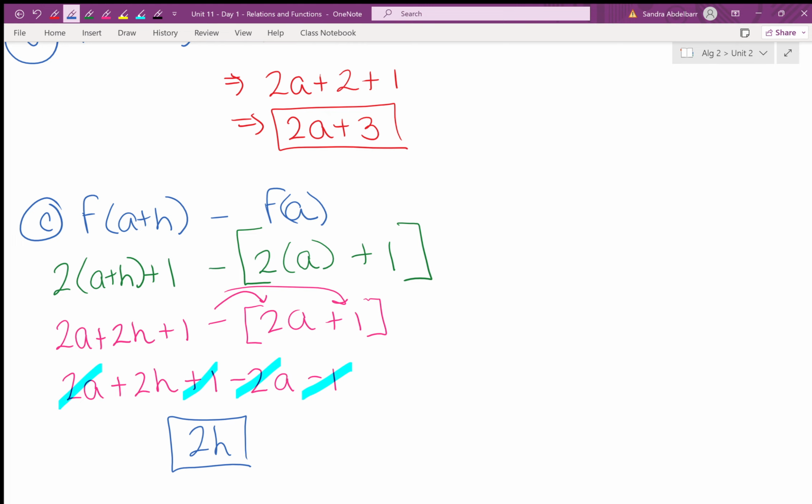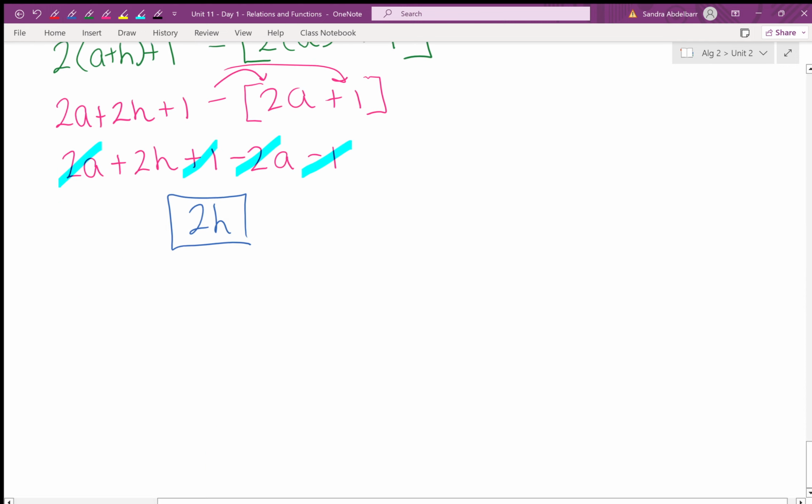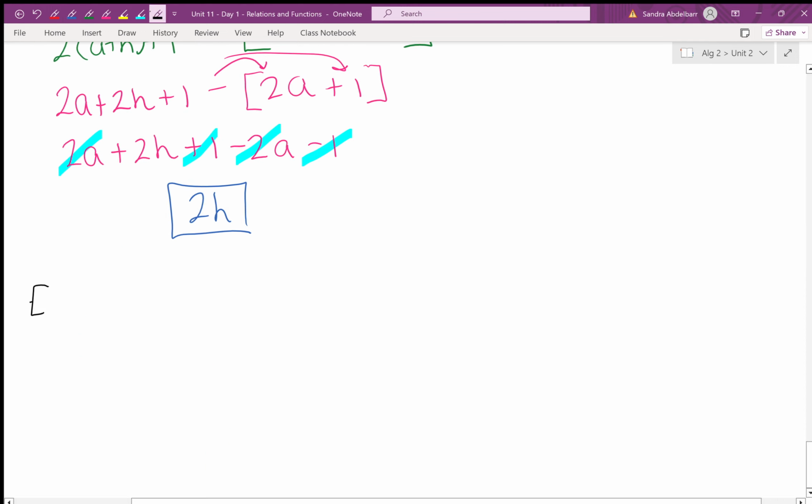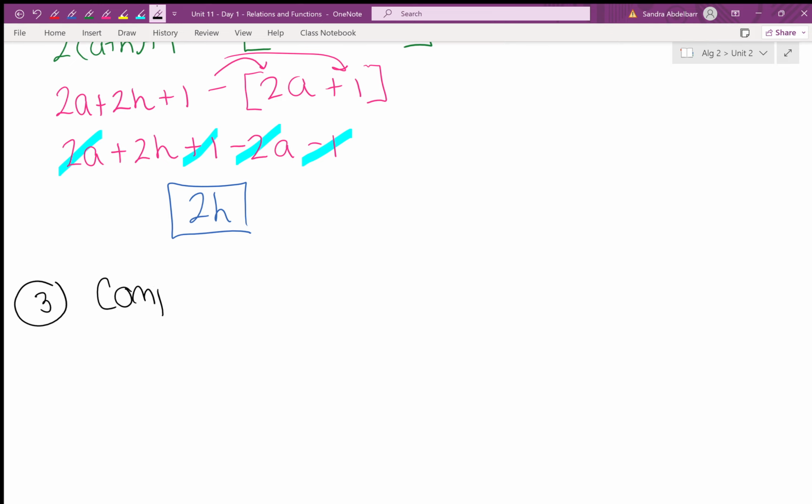All right, we're going to step it up a little bit more. Are we ready? Okay, so now we're going to talk about composite functions when we combine different functions together.